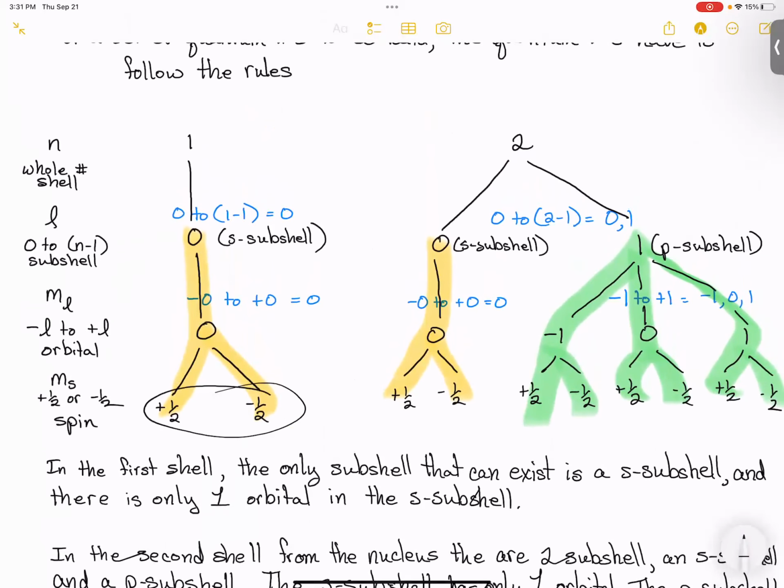The quantum numbers are there, folks. Guess how many electrons you can add to the D block, or D subshell? 10.